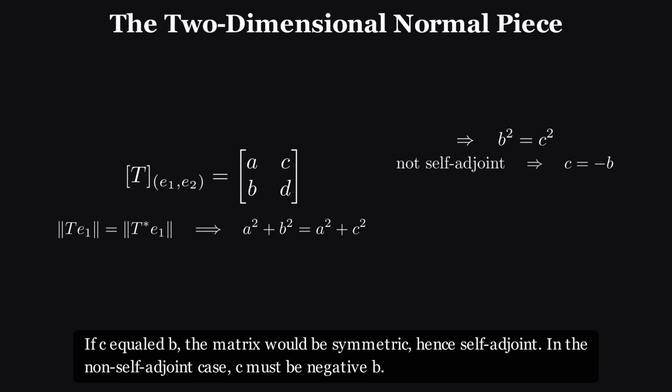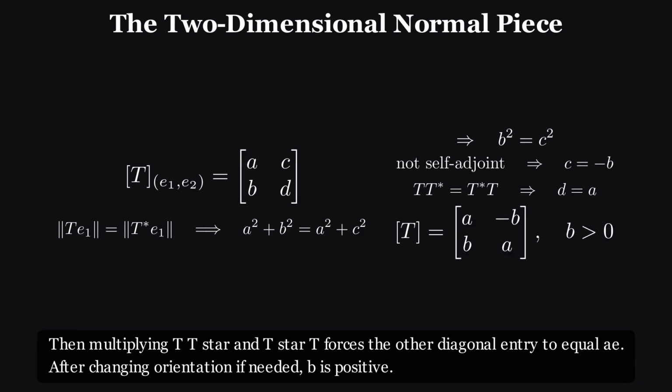If c equaled b, the matrix would be symmetric, hence self-adjoint. In the non-self-adjoint case, c must be negative b. Then multiplying T star T and T T star forces the other diagonal entry to equal a. After changing orientation if needed, b is positive.